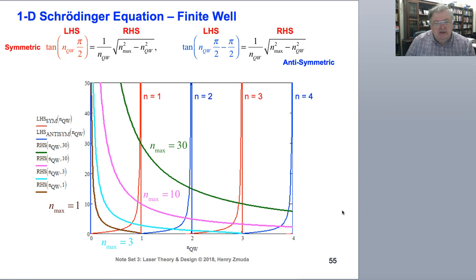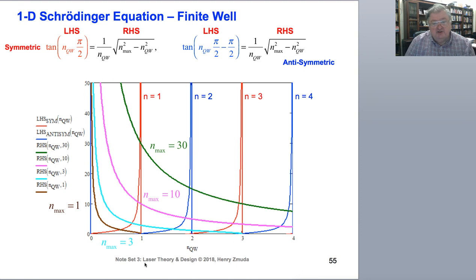So what you need to do is numerically track, pick one branch of the tangent function. Let's say you pick the n equal 1 branch of the tangent function. That's this red curve. Let n max vary from, let's say, 1 up until the maximum it could be, and the maximum it could be is dictated by this, because n quantum well has to be smaller than n max, otherwise this term goes imaginary and I'm done.